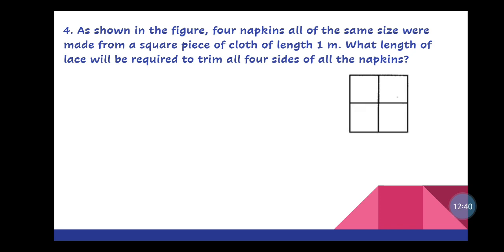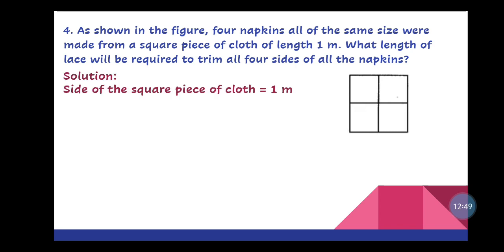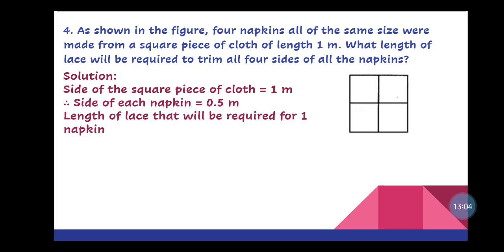This is a big cloth of 1 meter, from which 4 napkins of equal sizes are made. Solution. Side of the square piece of cloth is 1 meter. Side of each napkin will obviously become 0.5 meter, that is half, 1 upon 2.